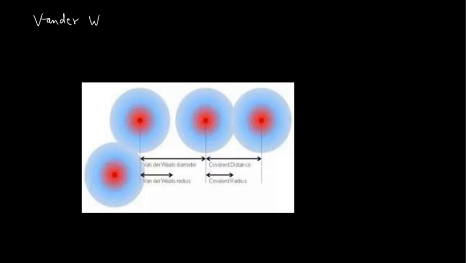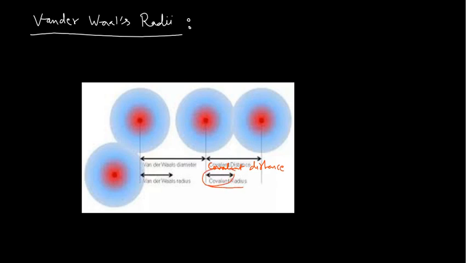Initially we have seen the covalent radii, and in this picture, this part is the covalent radii. It is the covalent distance or total bond distance, and this part, shown by the black, is the covalent radii.